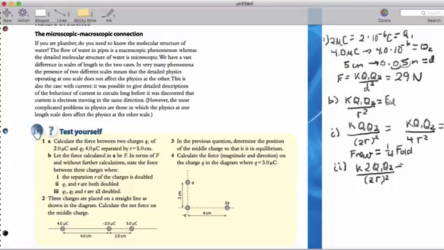And when we actually work that out, what we're going to end up getting is F new is only half of F old. And I'm going to leave it to you to actually show that F new actually equals F old in number 3.